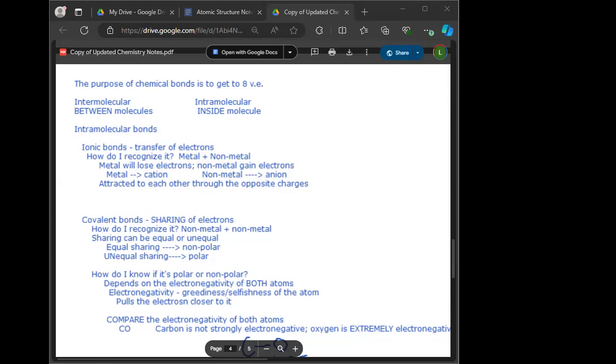So we need to be very careful to know which type of bond that the TEAS is talking about or asking about, because like I said, there's a big difference between the inter versus the intramolecular bonds.